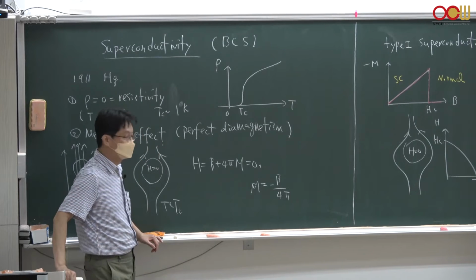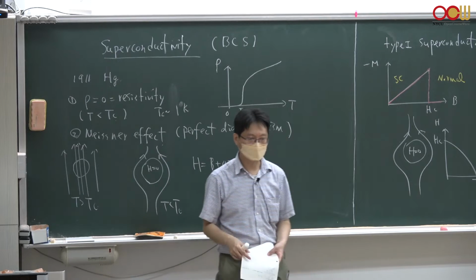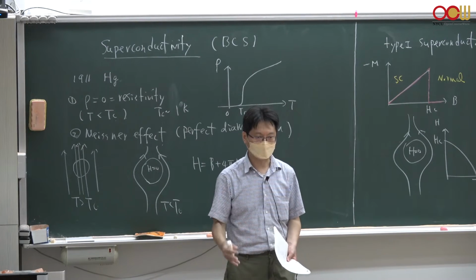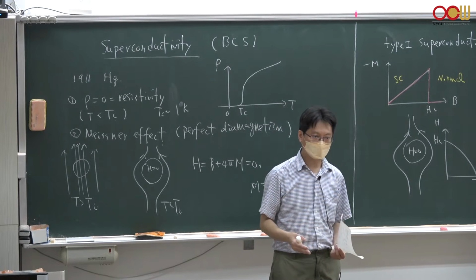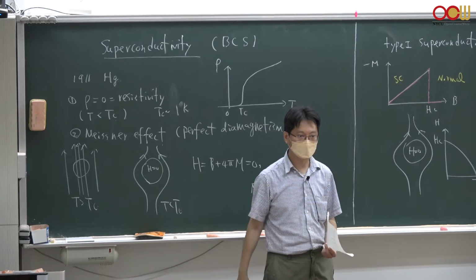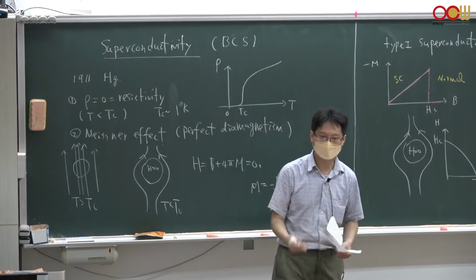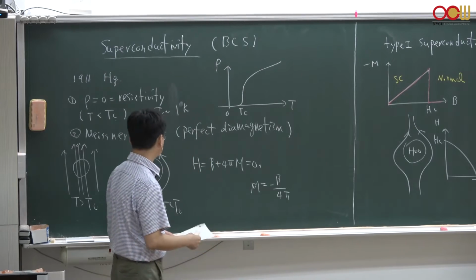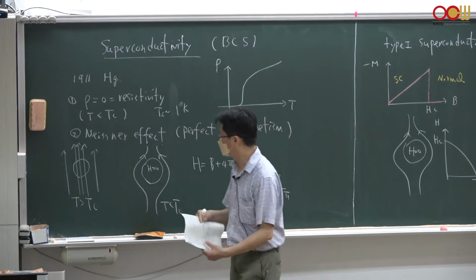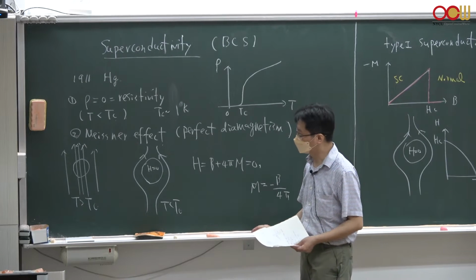which shows that this state is actually a perfect diamagnet. We all learned that solid-state materials show some sort of diamagnetism, meaning if you apply a field to the system, there is an induced flux which compensates the change of the magnetic flux that you introduced initially. But a superconductor in the superconducting state shows perfect diamagnetism.